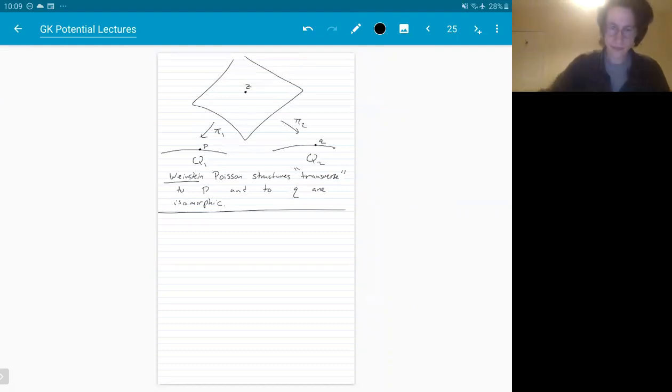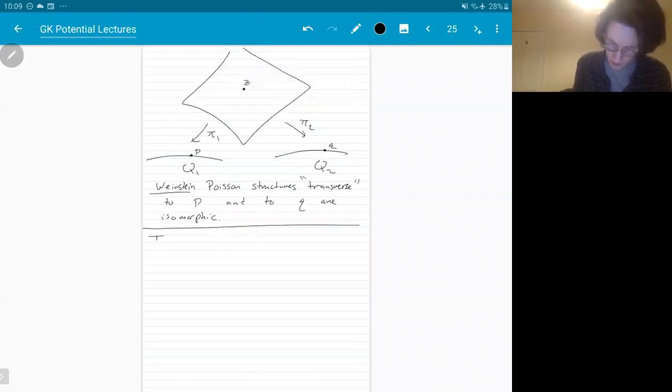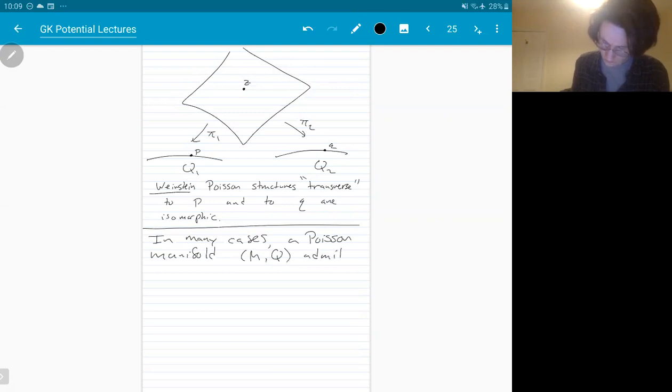Okay, so here's another important fact, which is that in many cases a Poisson manifold admits a canonical Morita self equivalence.